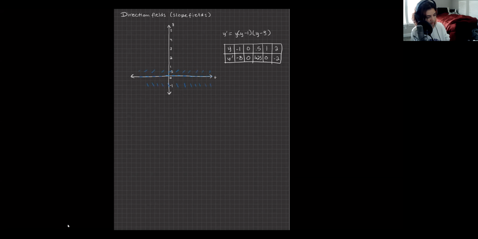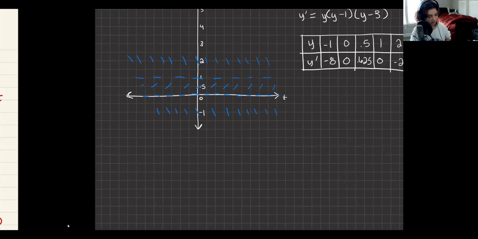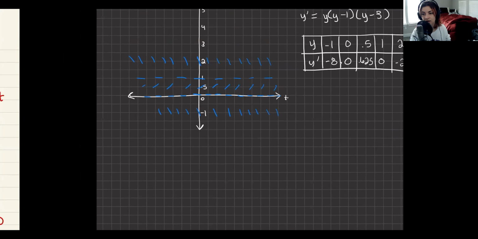When y is 1, our slope is 0. And when y is 2, our slope is -2, so it's going to trend downwards. Cool, so that's an easy way to look at our slopes. Now I'm going to show you what it looks like on a computer.